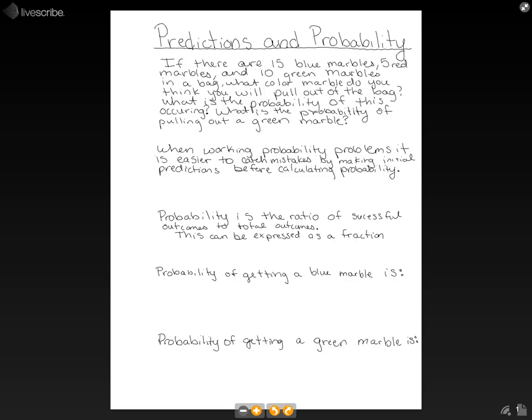So, before finding probabilities, it can be easier to make predictions about our results so that we have a good idea of what we should get to check our answers.